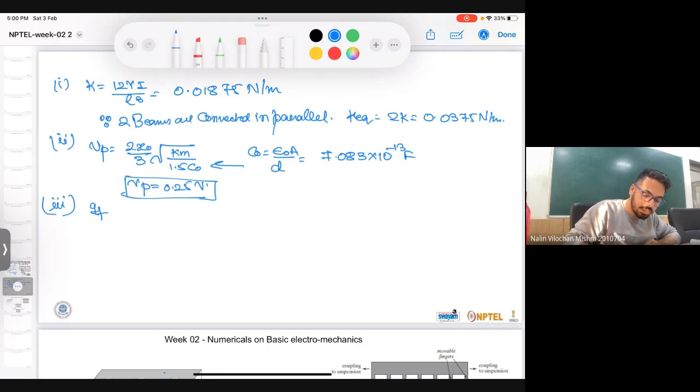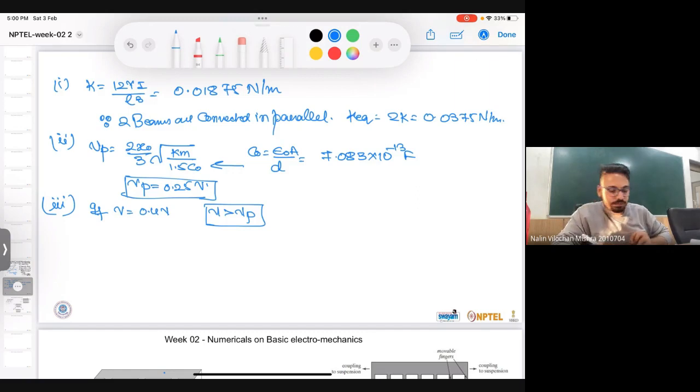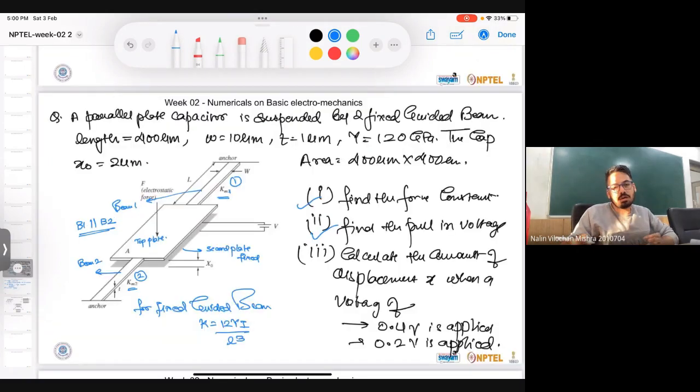If potential of 0.4 volt, which is greater than Vp, which is pull-in voltage. So what do you think? What will happen? Can you calculate the displacement x if you are applying a potential more than pull-in voltage?